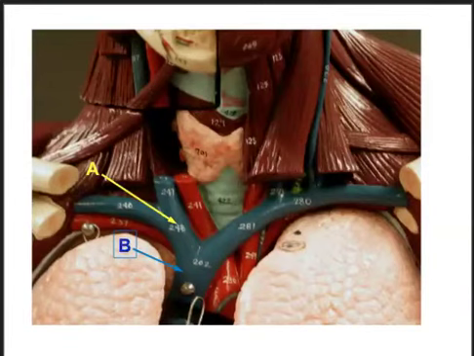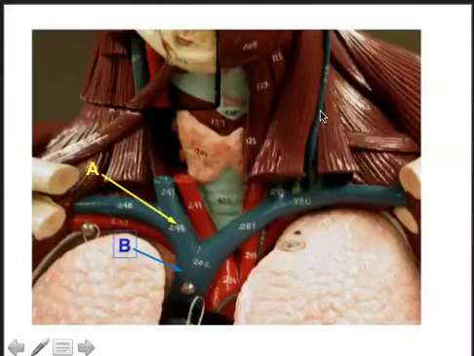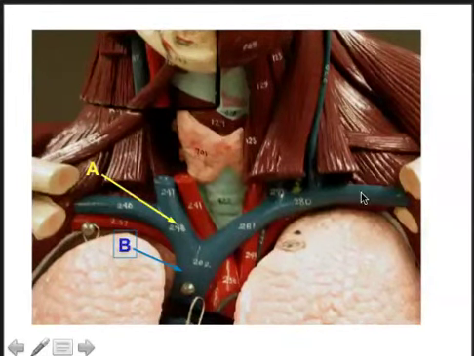So let's start here. This is the right subclavian vein. I'm sorry, this is the right brachiocephalic vein. My mistake. And what drains into it is the internal and external jugular vein. Okay, there's the external jugular on this side, and also the subclavian vein, which is out here under the clavicle.